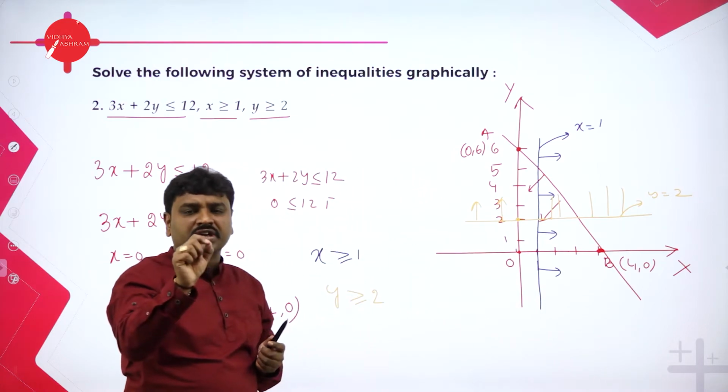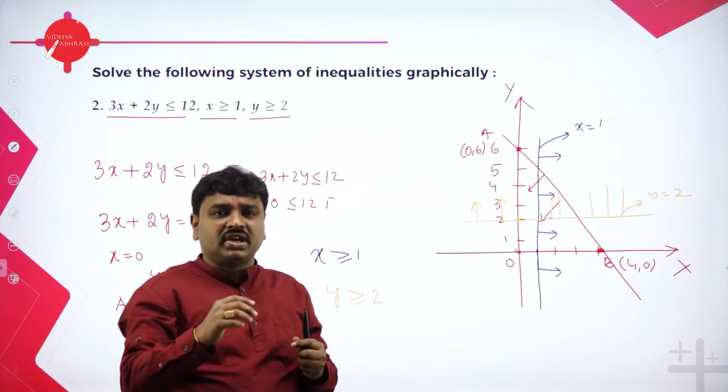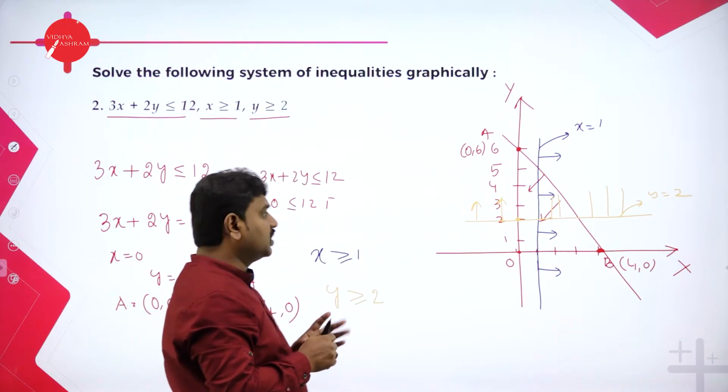Now I told you, solution region means it is a region where all three inequalities will be common. So where the three shadings mix, that is the common region.